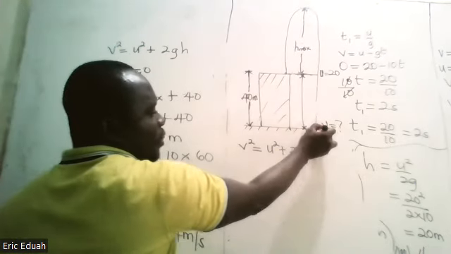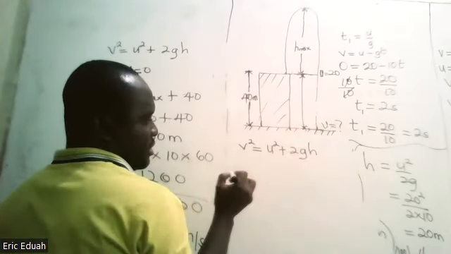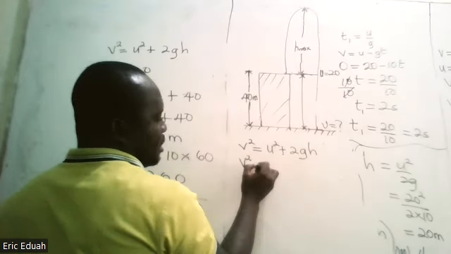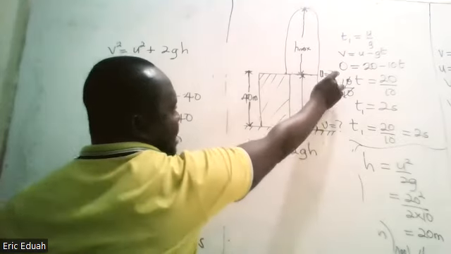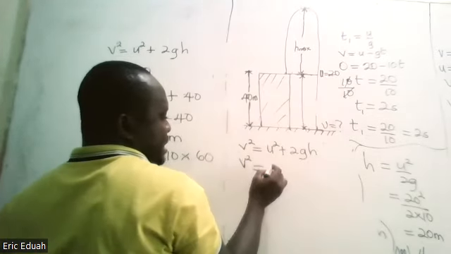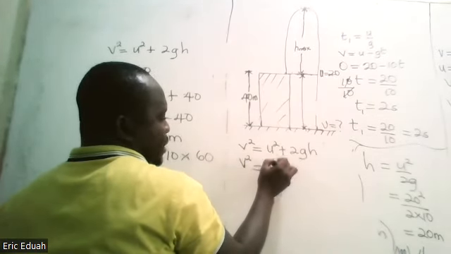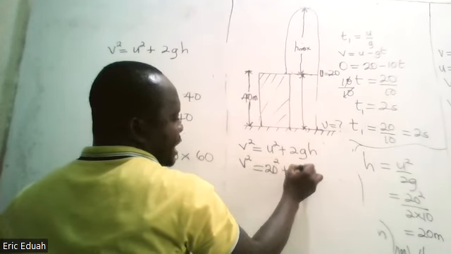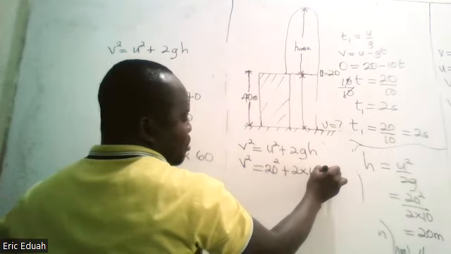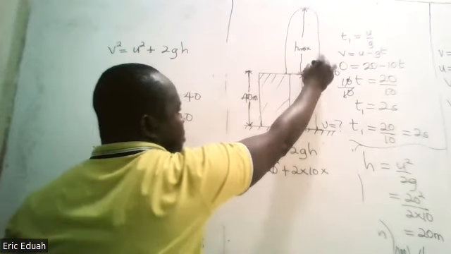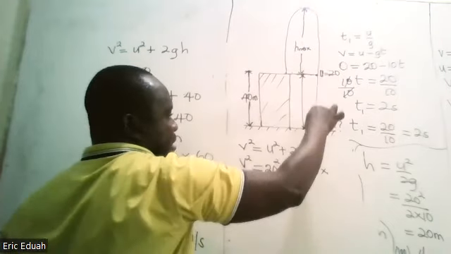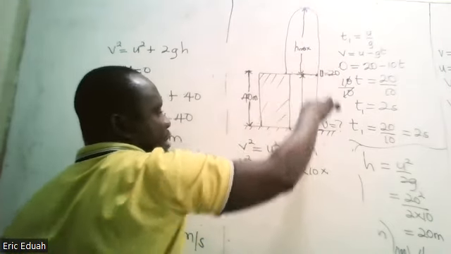We are looking for the final velocity v. We know the initial velocity here to be 20. So 20 squared plus 2 times 10 times, what is the height from here to the ground?